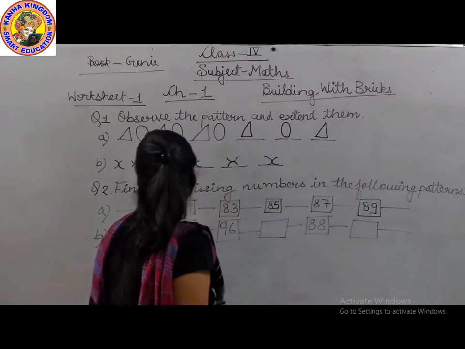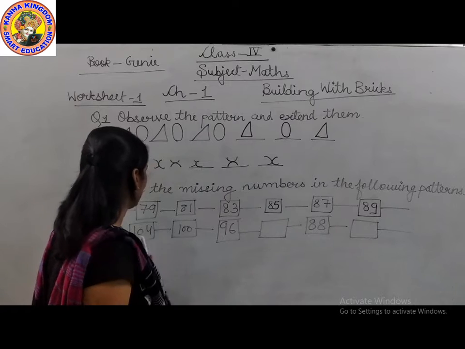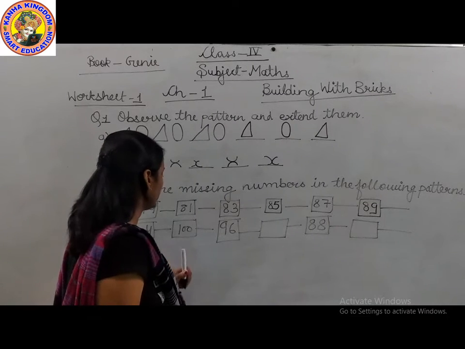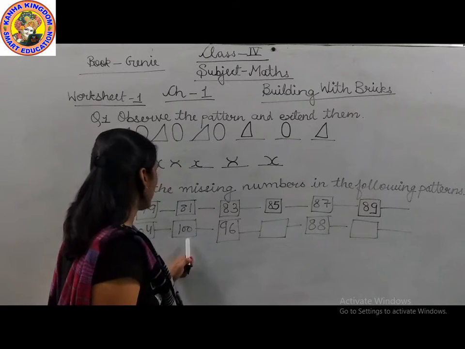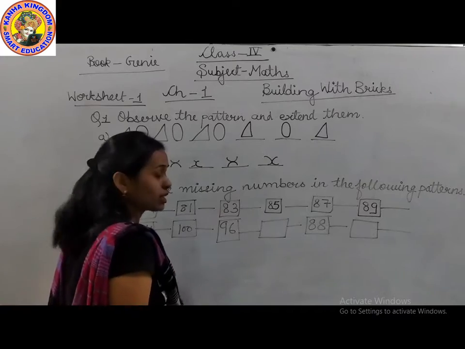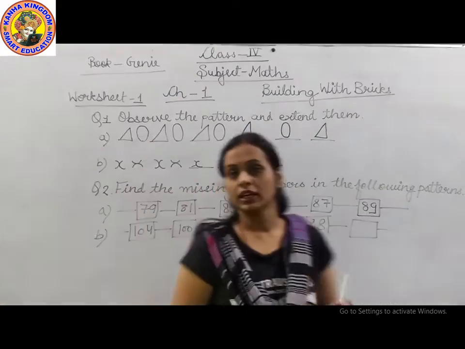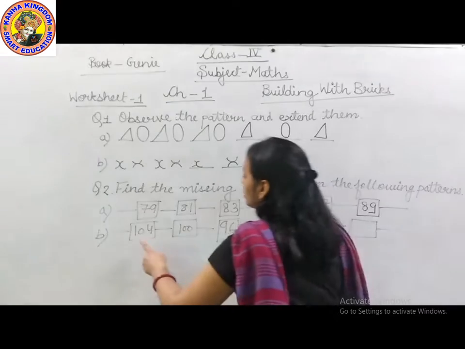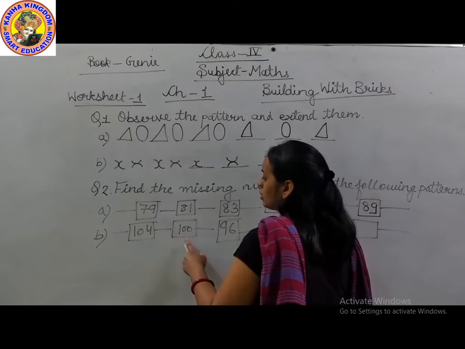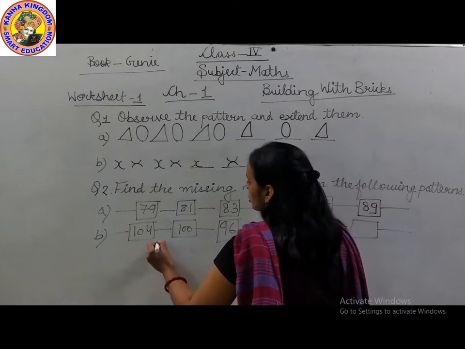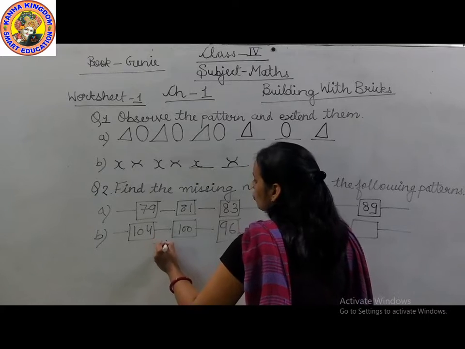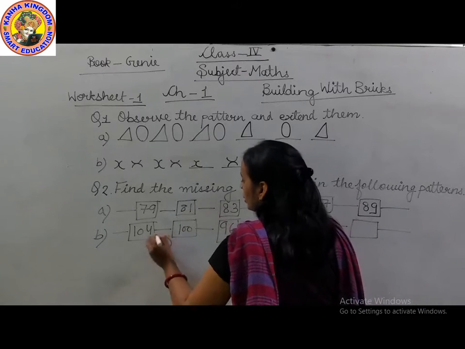Okay. Now next is 104. Then 100. So 104 and 100. So we subtract 4 from 104. So we get 100, means minus 4. Okay.